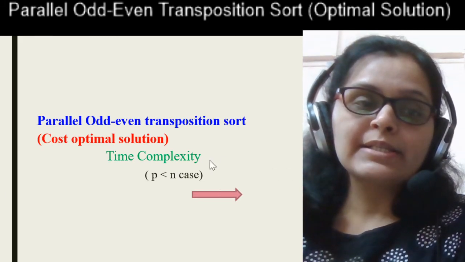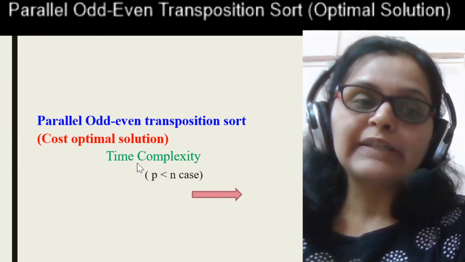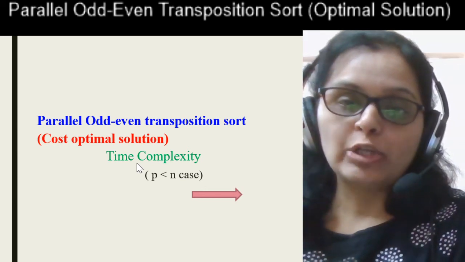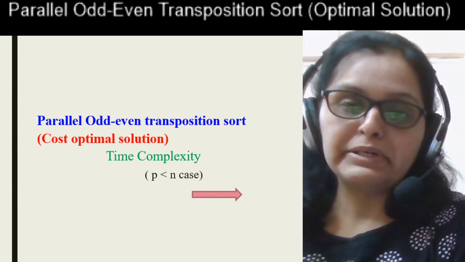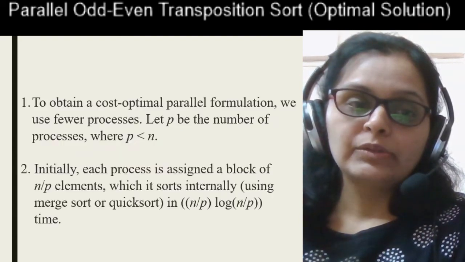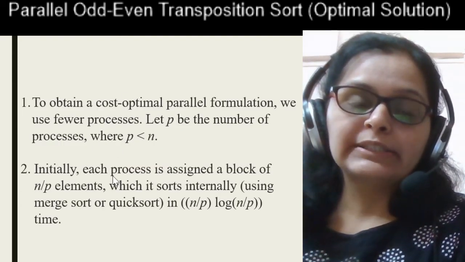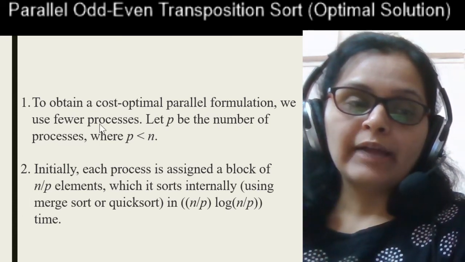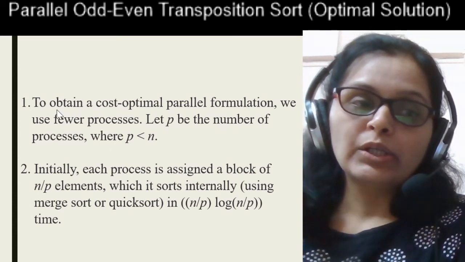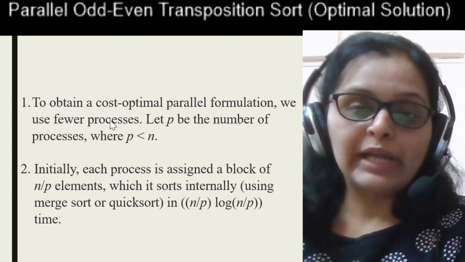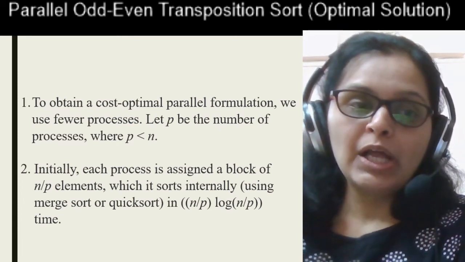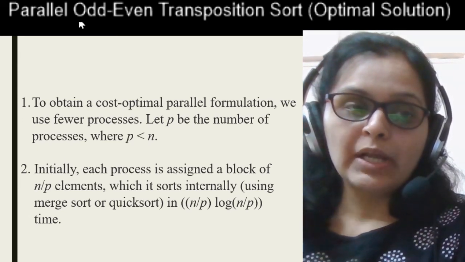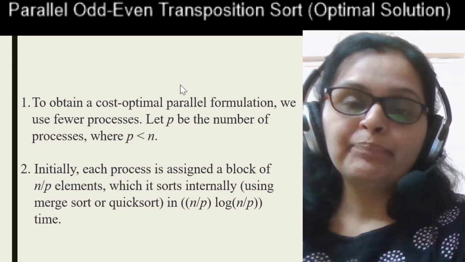Now let us discuss the time complexity of this cost optimal solution, that is the parallel run time, TP. Again these steps are as per the author. I will go through them one by one. The same thing we have just seen in the simulation, and again it is put into steps. The same algorithm we have applied in the simulation.